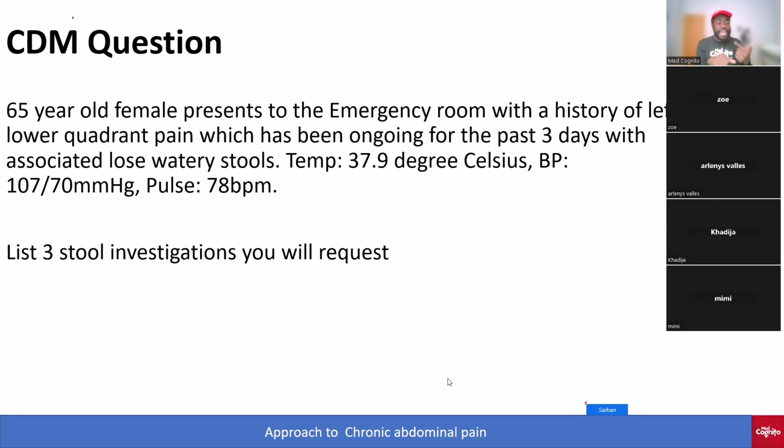Apart from amylase, lipase, apart from your beta HCG, apart from the white cell count, you have a patient with diverticulitis, but then the patient has diarrhea. Please, can you type your answer for me? What other investigation will you do? And don't be tunnel vision, please. This is something I want you to pay attention to. Don't be tunnel vision.